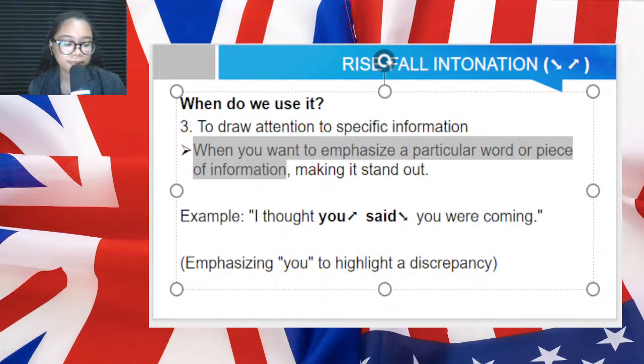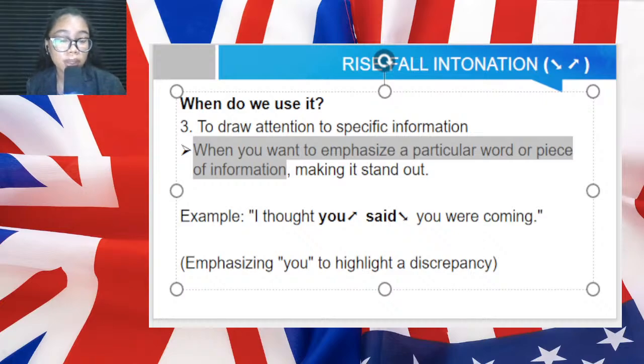Okay? Now, why is you emphasized with riseful here? The note below the example clarifies: emphasizing you to highlight a discrepancy. This is a perfect explanation. Okay? You can think about context. You were expecting someone to come and they didn't. You're not questioning if something was said or what was said, like the act of coming. Instead, your emphasis here is squarely on the person who made the promise.